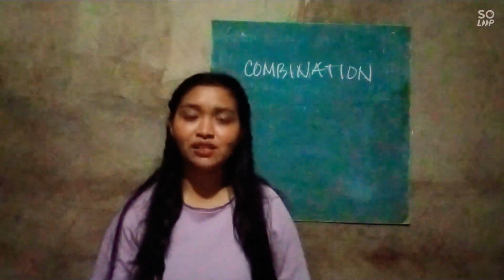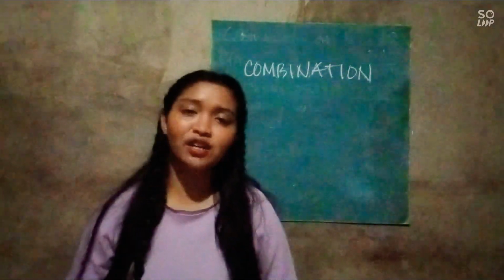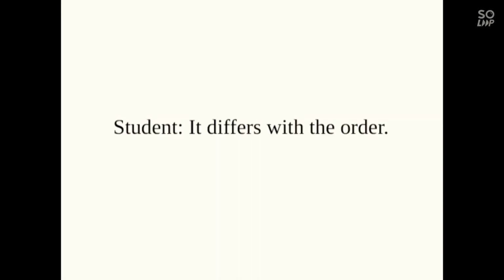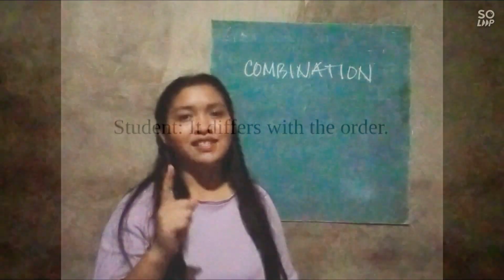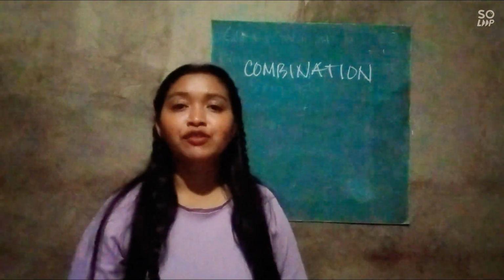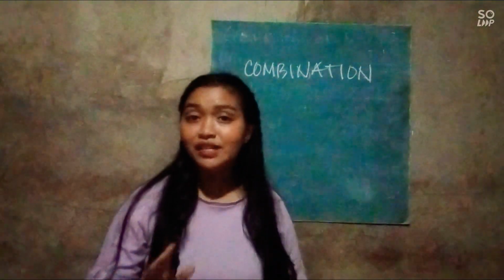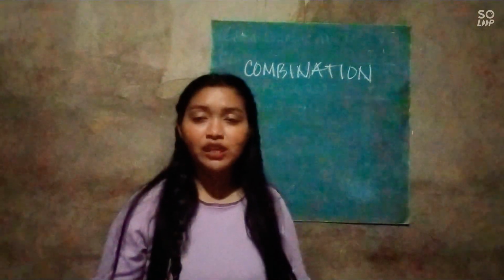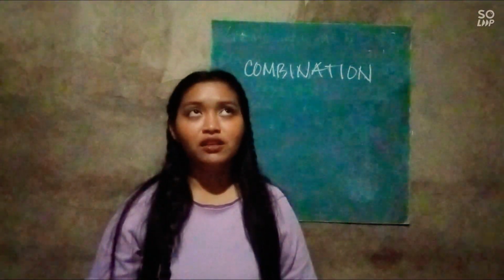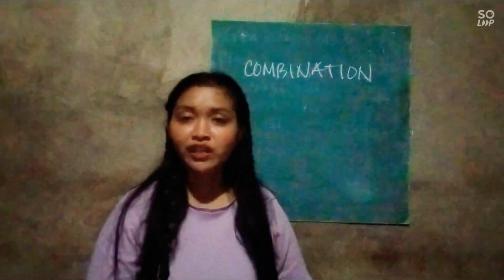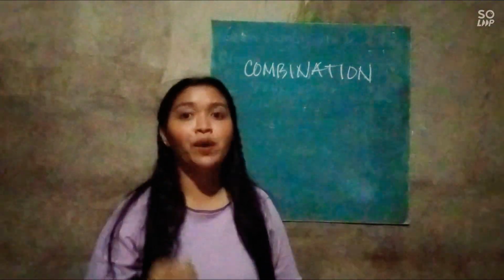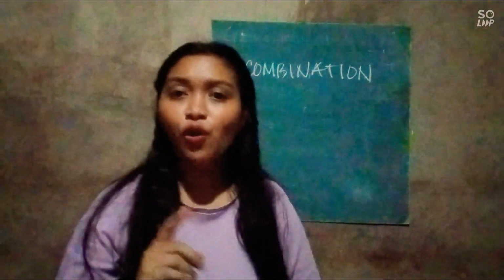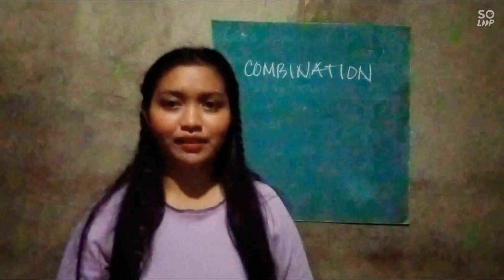Now let me ask you, what is the difference between permutation and the combination? Yes, it differs from the order. So in summary, in permutation, order is important, while in combination, order is not important.